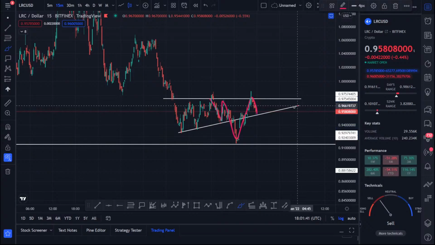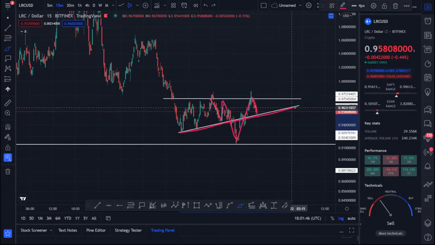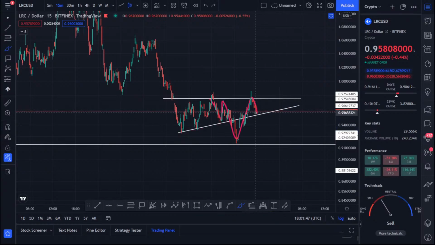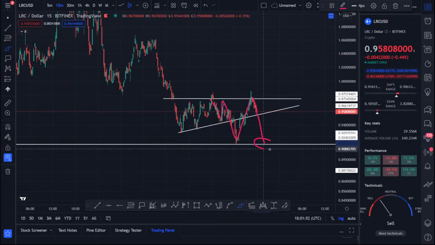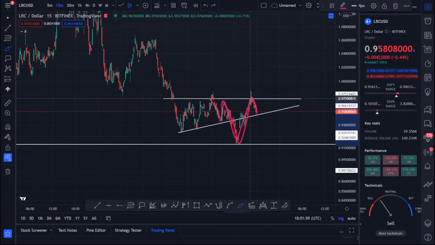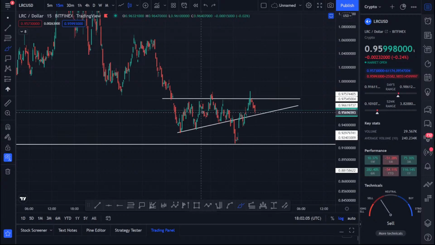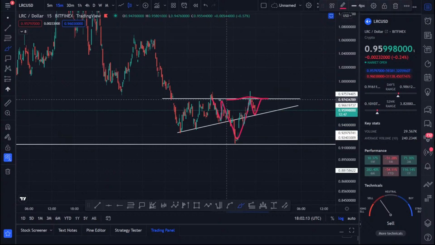If it breaks this support level, then it can come all the way down, and if it finds support right over here, then you can consider that as a W bottom, and it might come up. But if it holds this level, then it's making that inverse head and shoulder pattern. Look, and this is the neckline.